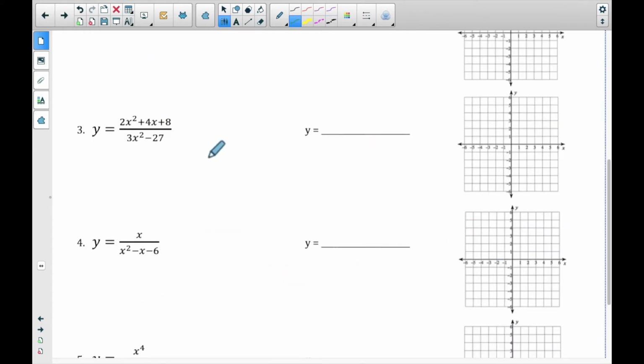Okay, with number 3 here, we have a couple of new things going on. One thing is, I don't know if you can tell, there's a GCF. So maybe we should simplify first with our GCF. And in the denominator, we also have the GCF. So that then factors down to x plus 3, x minus 3, which is going to give us our vertical asymptotes.